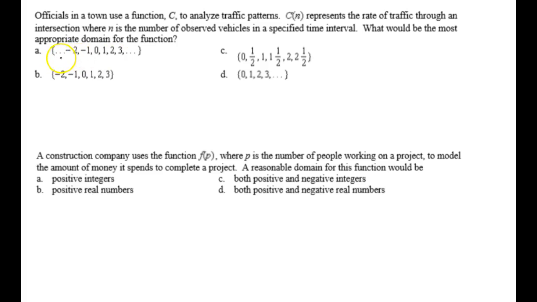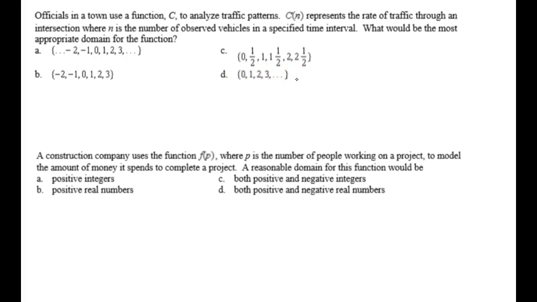These ellipses mean we're going to get more negatives, so -3, -4, the same way in the other direction, 4, 5, and so on. Part B is a set of integers only going from -2 to 3. For part C, it starts at 0 and goes by intervals of 1/2 and stops at 2.5. And then D starts at 0 and continues 4, 5, 6, and so on.